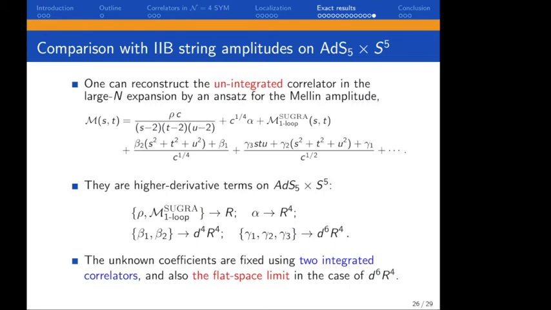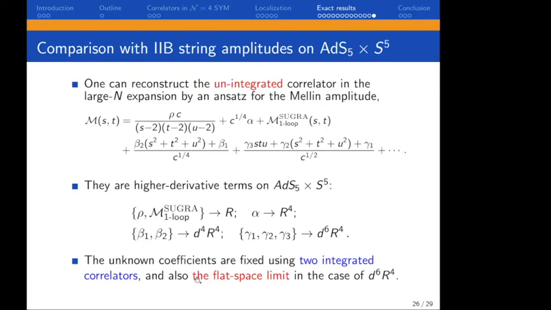The other is taking a derivative with respect to mass 4 times. With these 2 conditions we can fix all those unknown functions order by order in the 1 over N expansion. In this case, which corresponds to D6 R to the 4, we now have 3 functions to fix, and we only have 2 conditions. Indeed, we are not able to do that.